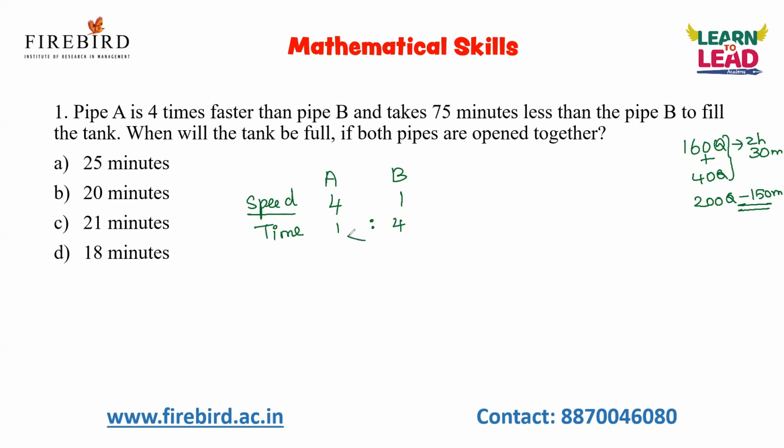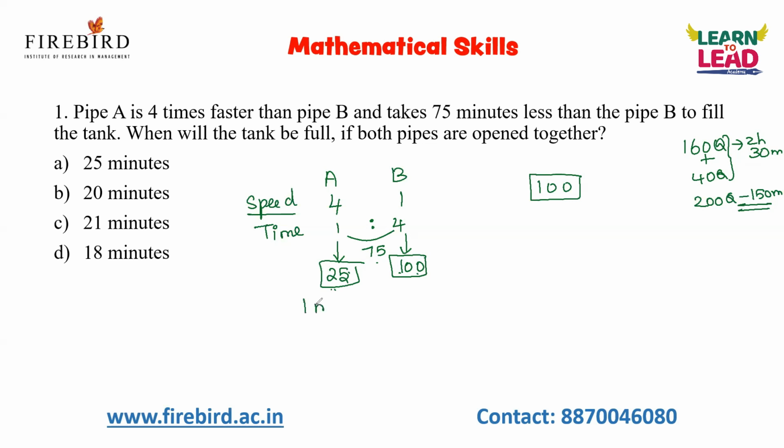And see here, the difference between the time taken is 75 minutes. Let us assume pipe A takes 25 minutes to fill the tank, 25 plus 75, pipe B will take 100 minutes. So you got the difference, right? Pipe A can fill the tank in 25 minutes and pipe B in 100 minutes. If I take the LCM of 25 and 100, 100 is the LCM. If I give 100 parts of the work to pipe A, it will complete the work in 25 minutes.